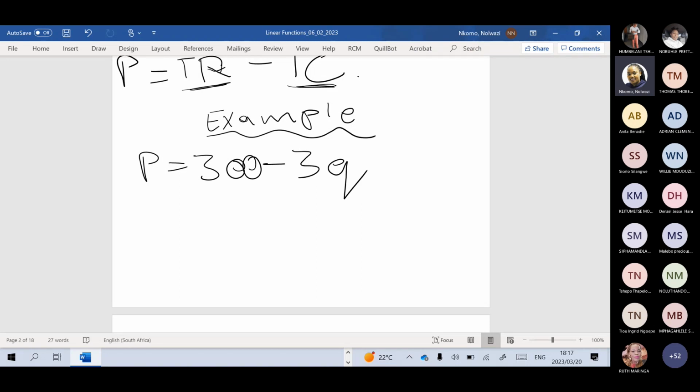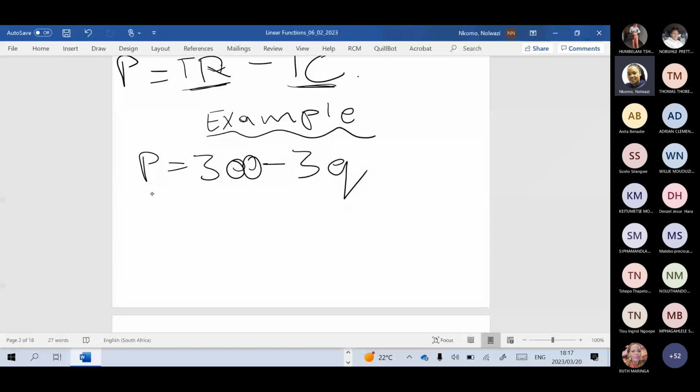Whereby P is the price per unit of a good and Q is the quantity produced and sold. From this demand, the total revenue is equal to the price per unit times the quantity produced and sold, right?